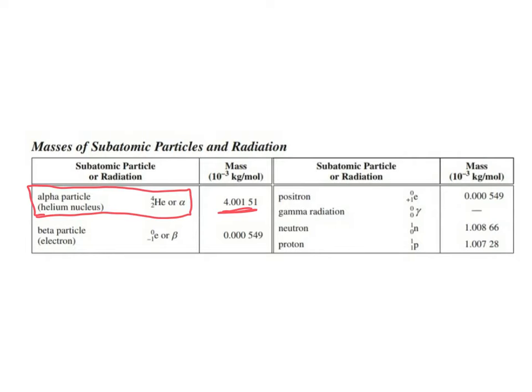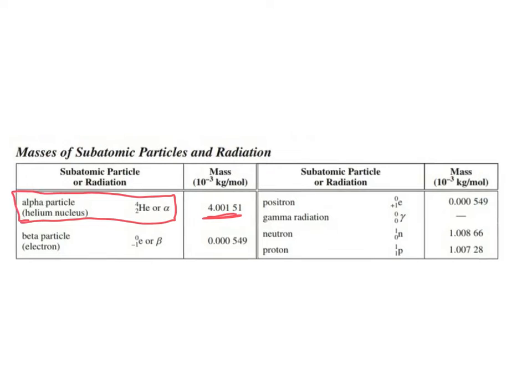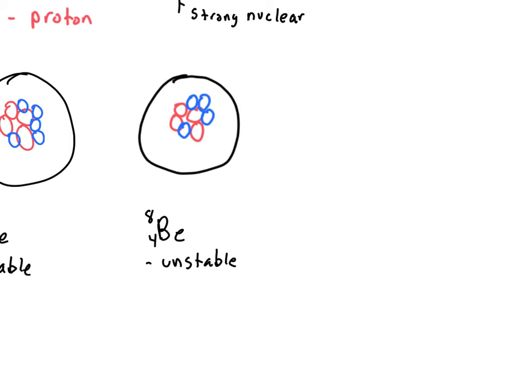And so if we go back to that beryllium, what's going to happen? Well, as this beryllium undergoes nuclear decay, it's going to be split into two things. It's going to be split into 1, 2, and then 1, 2, and then we also have another one of those right here.